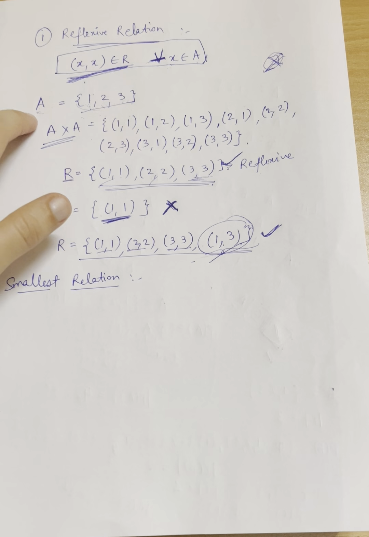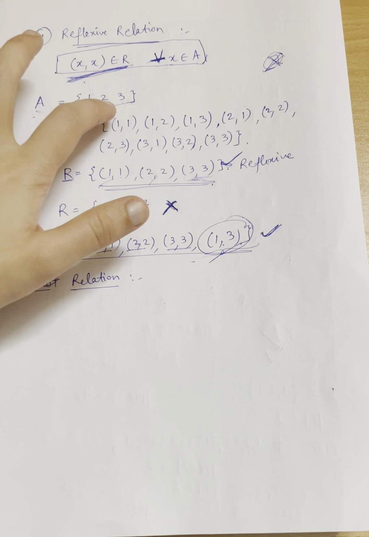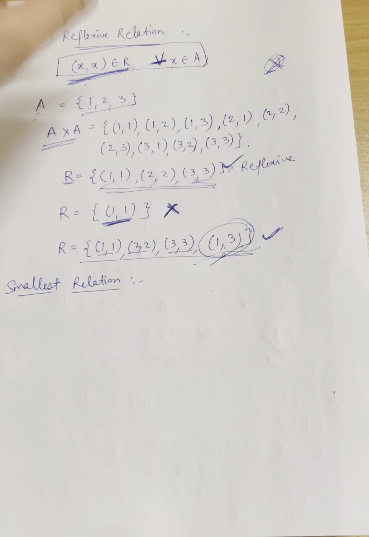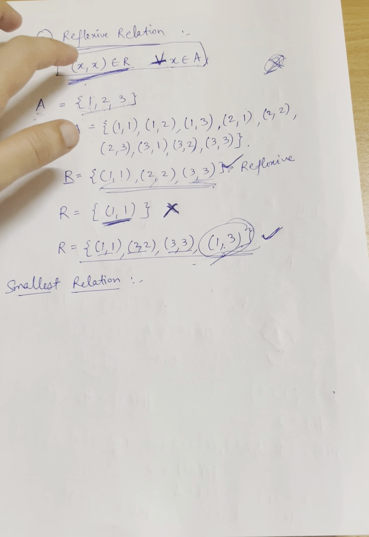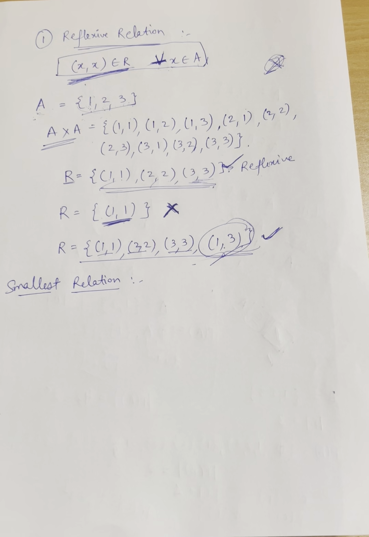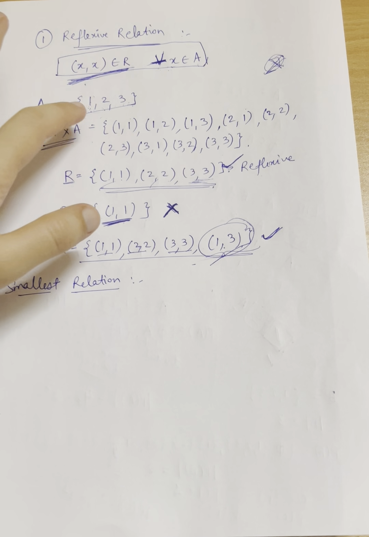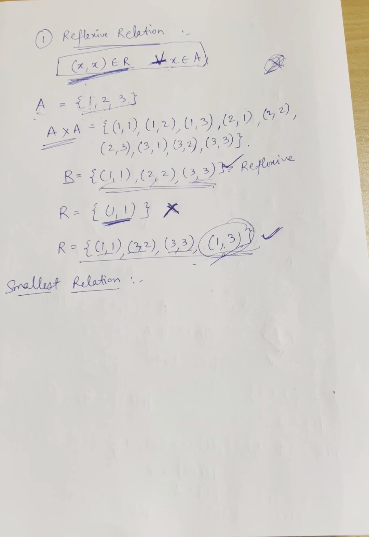If there are 3 elements, then for all these 3 elements it is mandatory that the (x, x) pair be present in the relation for it to be reflexive. So we need (1,1), (2,2), (3,3). So the smallest relation has cardinality equal to the cardinality of A.